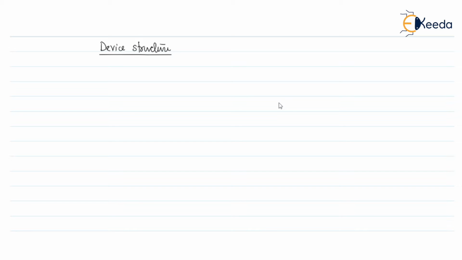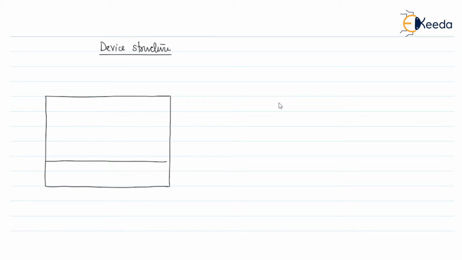In the device structure, the device looks like this. I'm drawing the total device in this way. At the bottom of the device there will be a P plus structure.